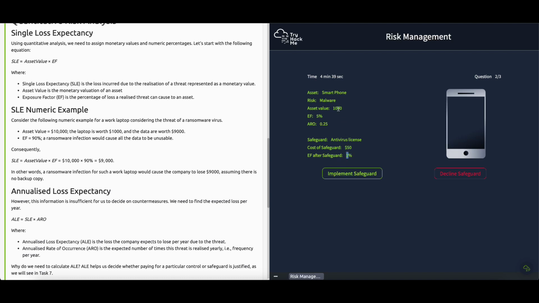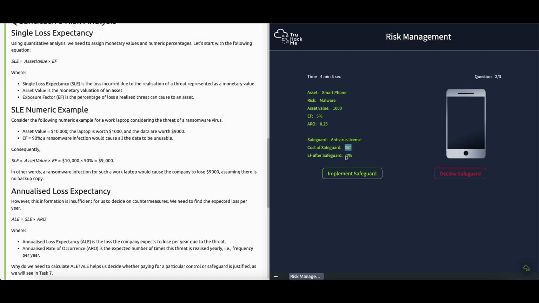Let's calculate it again. 1000 multiplied by 5%, the answer is $50, and we have to multiply it with this one, and then it becomes 12.5, okay? The total cost of this vulnerability is 12.5 before the safeguard. After safeguard, let's add the cost of safeguard. Okay, let's keep it in your mind.